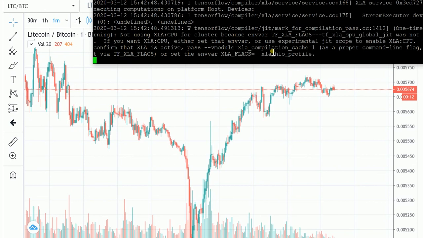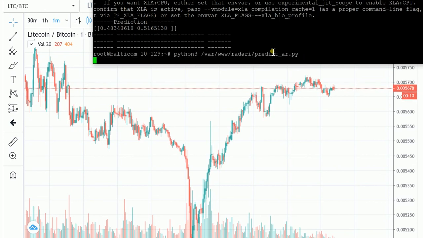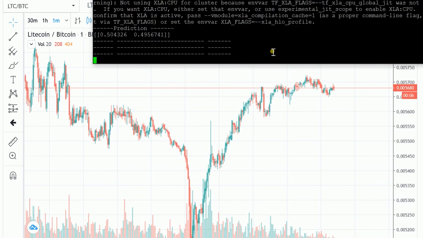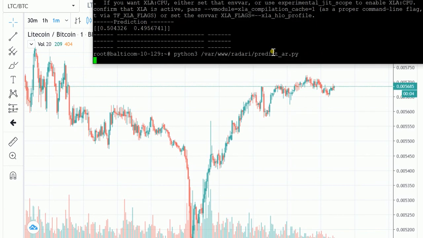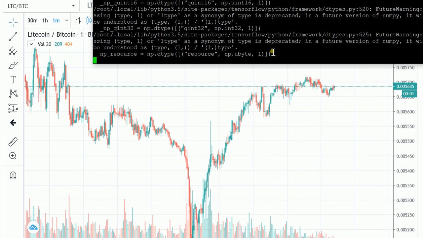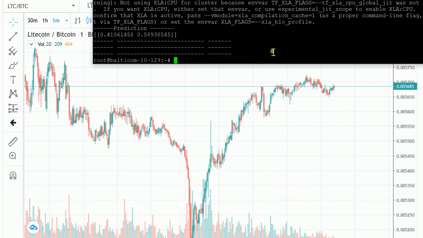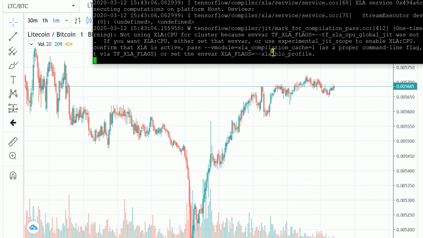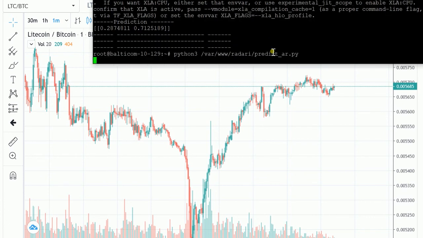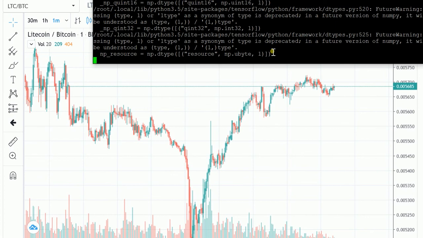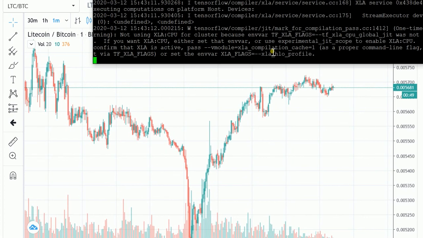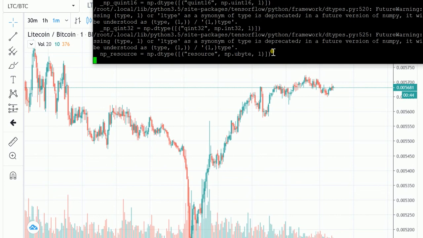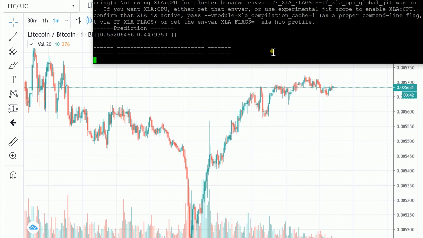Well, basically 50-50 still. Price will go upwards.